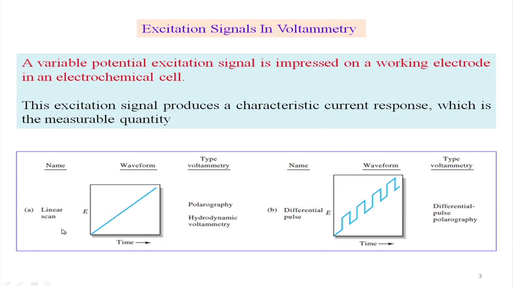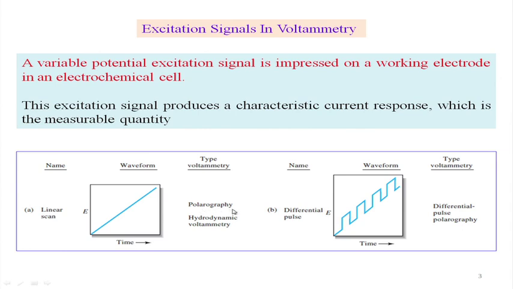So, if you have the linear scan, this linear scan voltammetric process is something we will now consider with respect to time. So, how your potential is changing with respect to time. E is linearly increasing, so the waveform looks like this. So, we get that for a linear scan voltammetric type of thing.